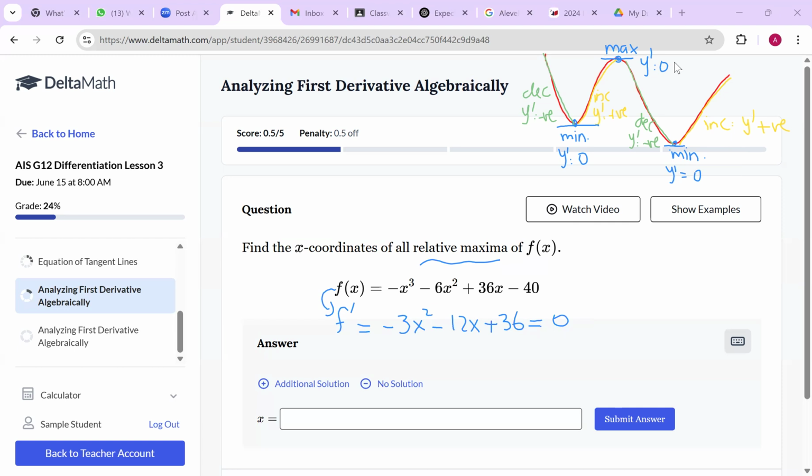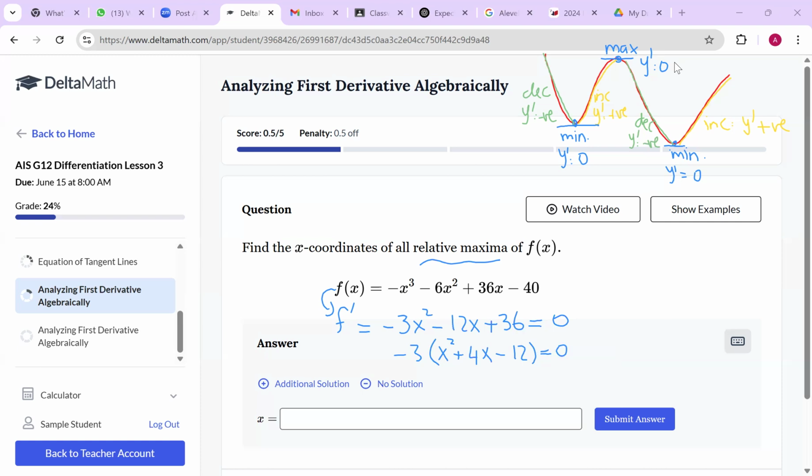Now we can factorize, but first let's take negative 3 out as a common factor. Of course, you can use mode 5, 3, but it's better to factorize. So negative 3 times x squared plus 4x minus 12 equals 0.